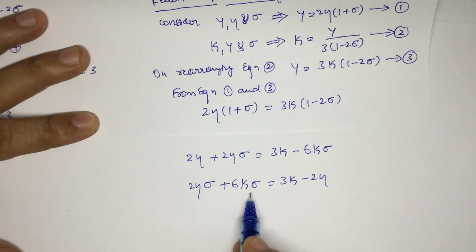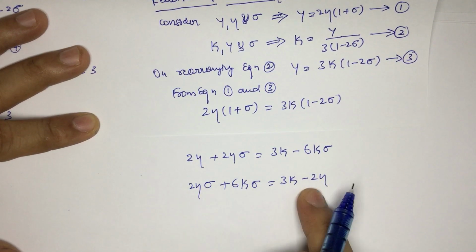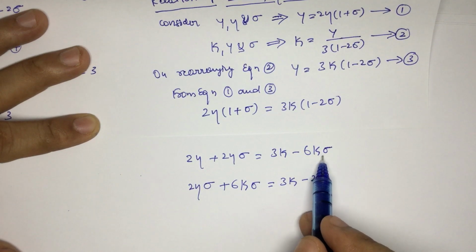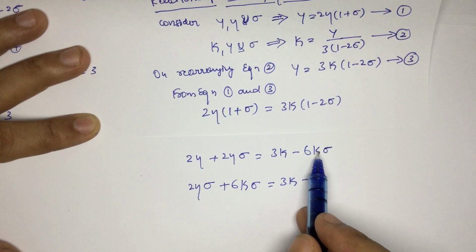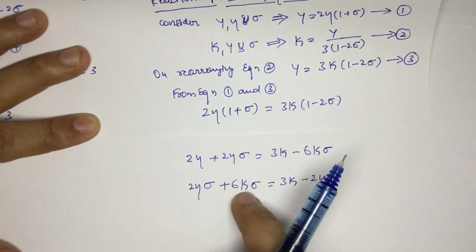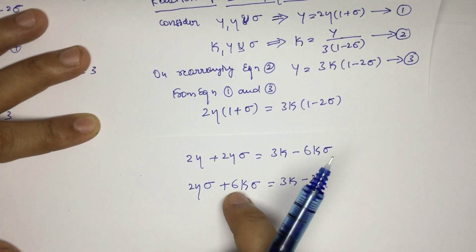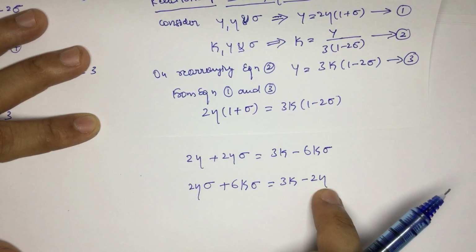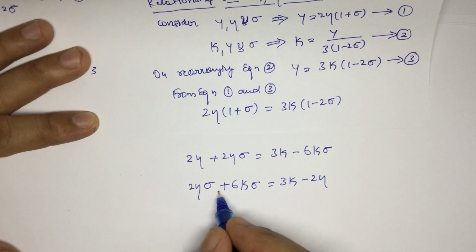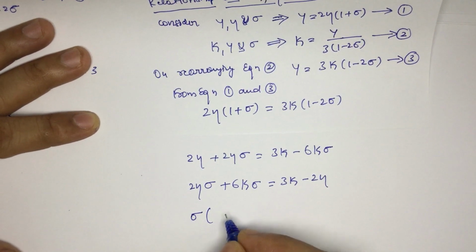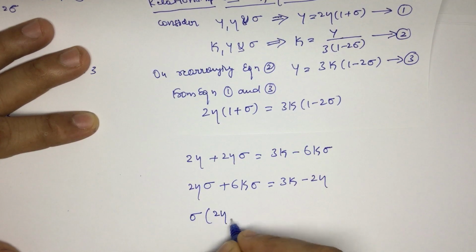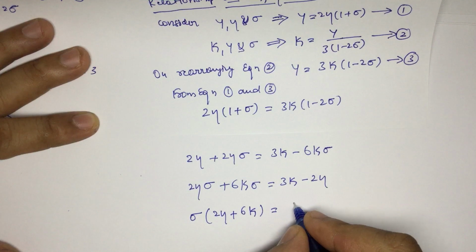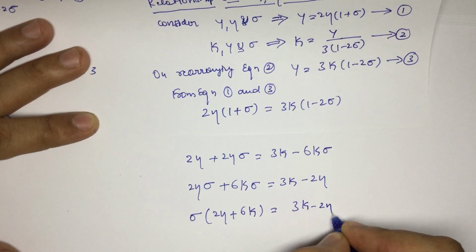So now here sigma is common, that you take out. We are left with 2 eta plus 6k, and this is equal to 3k minus 2 eta.